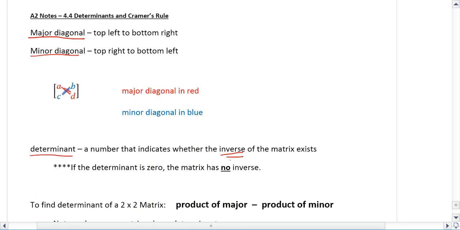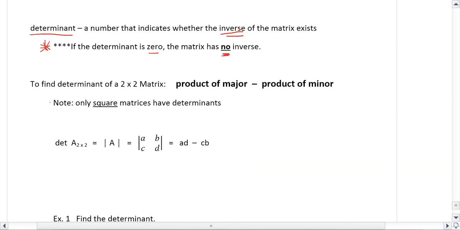Now, we're not going to do a lot with inverses until Section 5, but this is a fact that you need to know. So make sure you have this in your notes: when we calculate the determinant, if it turns out to be 0, the matrix has no inverse. And if you tried to enter it in your calculator, it would think you're being silly and tell you to forget it.